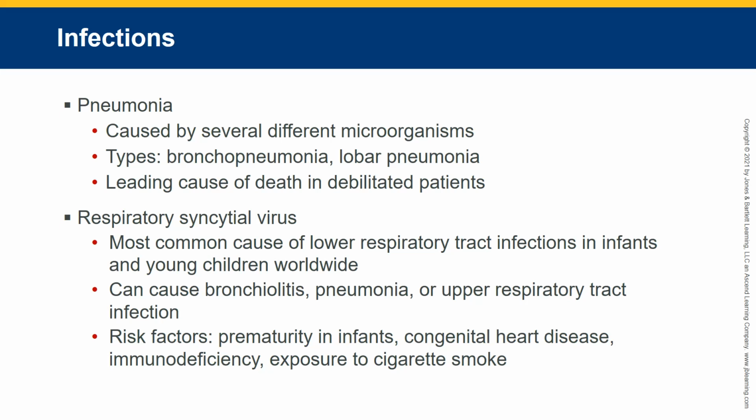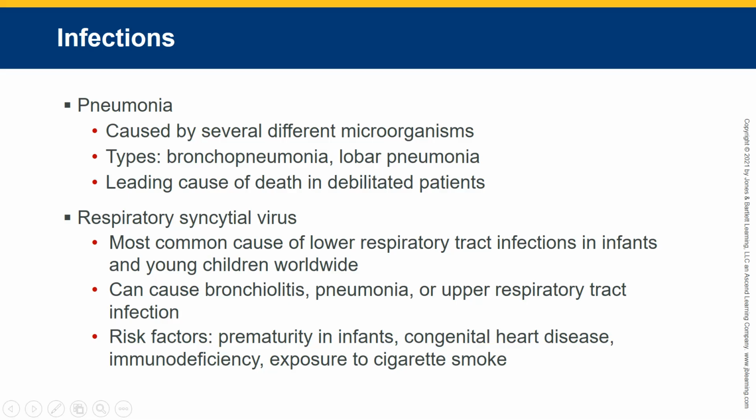Klebsiella, we see that in patients as well. Your book had quite a few of them. Streptococcus pyogenes is scarlet fever. You may have heard that as well. So there are lots of different bacteria that can cause pneumonia.